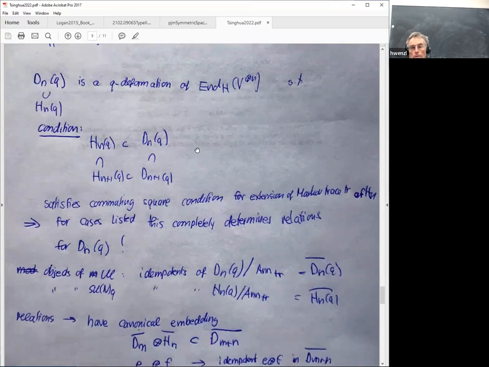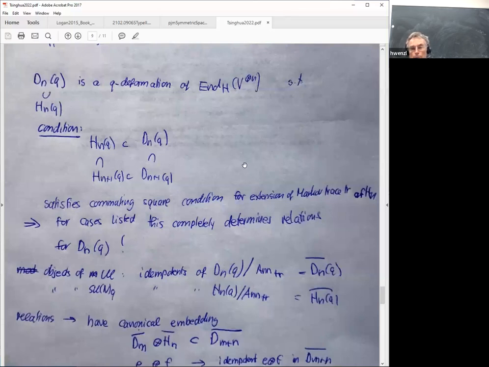Now, the commuting square condition just means, for a trace functional that induces a bilinear form on these algebras, that the projection onto the upper right corner and the lower left corner, that means the two intermediate algebras, should commute.